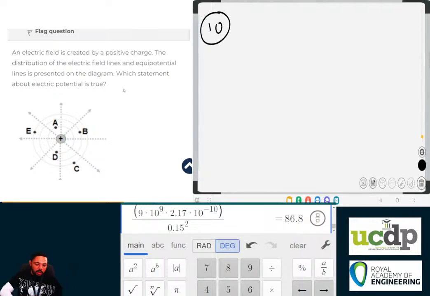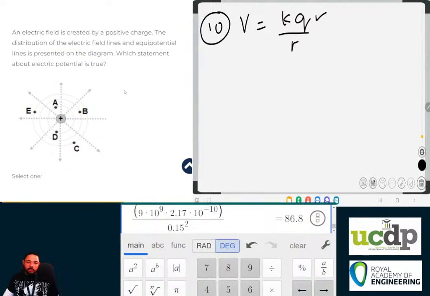Now we know that electric potential is equal to KQ over R. So if the charge stays the same, then the potential is dependent on the distance. So at the same distance away, the potential will be the same. And the further away it is, the smaller the potential. So the further outwards from the charge, the smaller the potential.